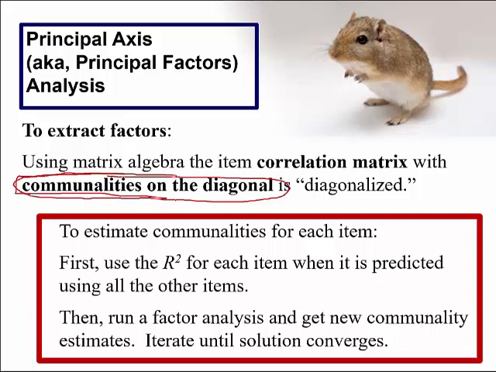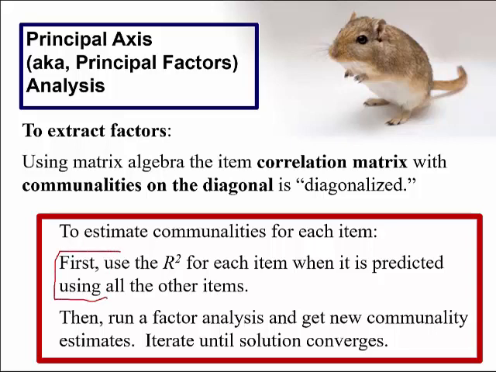Now, with that being said, how do we estimate those communalities? It turns out there are actually several different ways we could estimate communalities. Probably the most popular approach, and the one that SPSS uses, goes like this. First of all, we take each item and create a regression equation where we predict that item using all the other items.